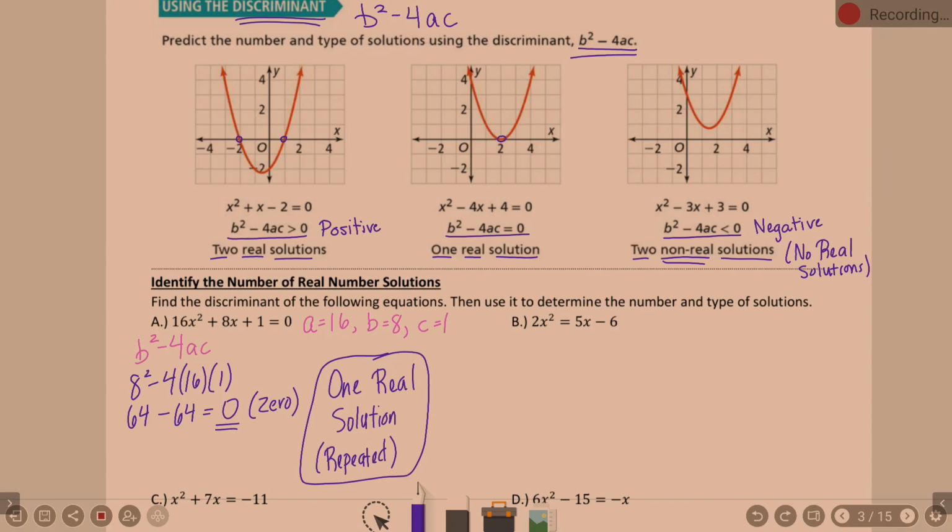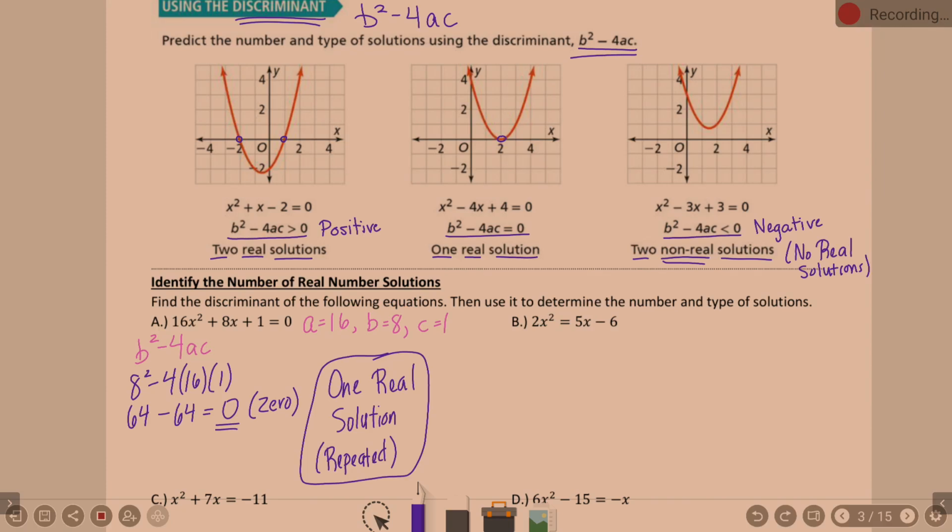Okay, questions there? Okay, what about B? There's no equals 0. Does that matter? Yeah, because in order to give me the proper ABCs, the equation has to equal 0.